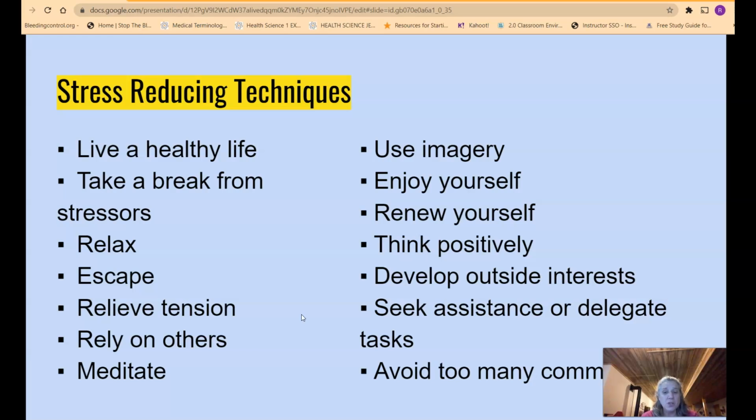Which again, is more your parents' decision than yours, but something you can certainly talk to your parents about. If you feel like it's too much going every which way, just tell them that you would prefer more time at home. So definitely look at those things that will help you reduce your stress, and make sure you take time to do them daily.